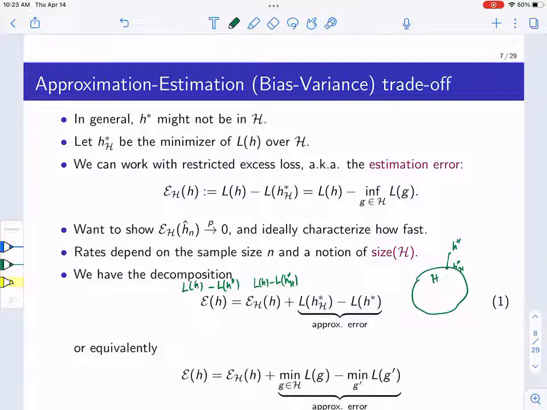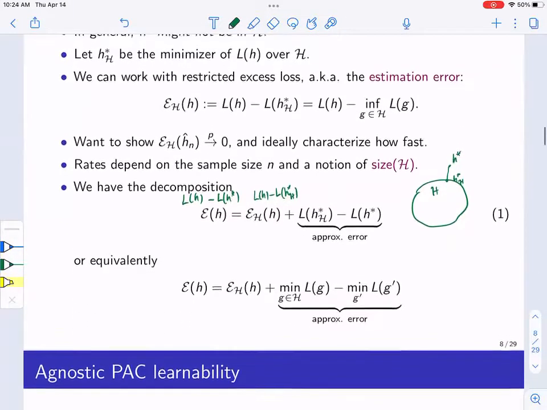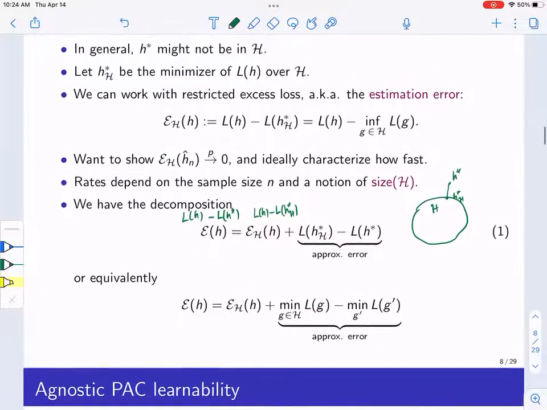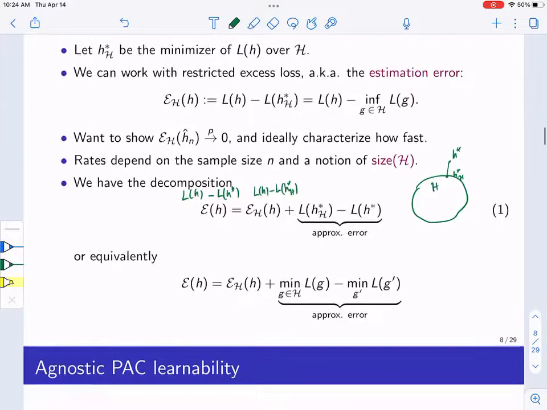Or you can separately argue exactly how fast this is going to 0. For sieves, for example, there's a number, and as you increase the number, you can control how this behaves and how this behaves, and then try to balance the two off. Questions? A lot of notation, but hopefully you get comfortable with this. Any questions about this?